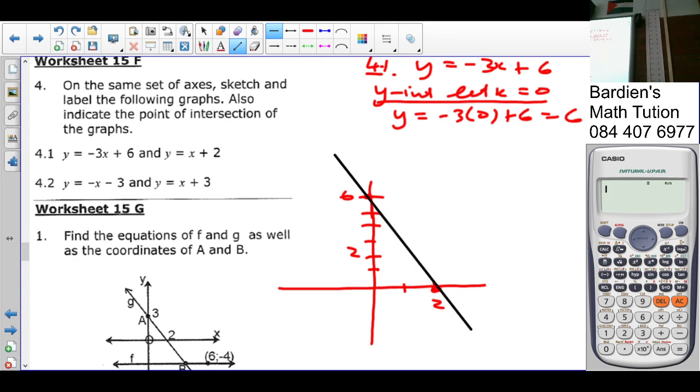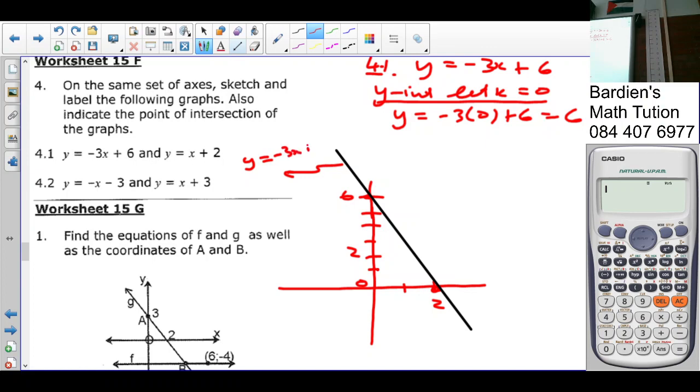Okay. You want to agree with that? Right. Label it. We need to label. We then say y is equal to negative 3x plus 6. Okay. You all okay with it?